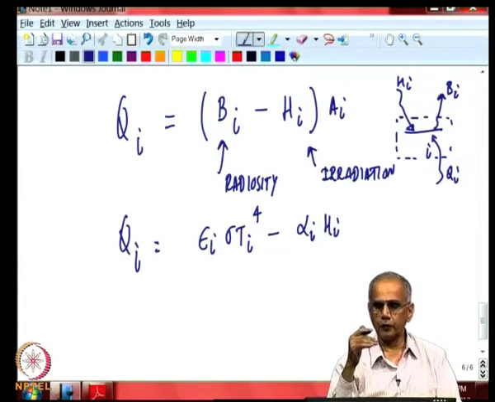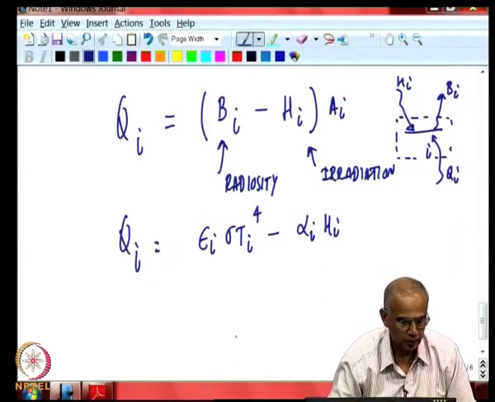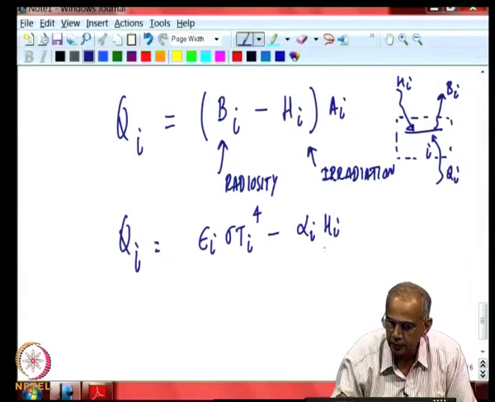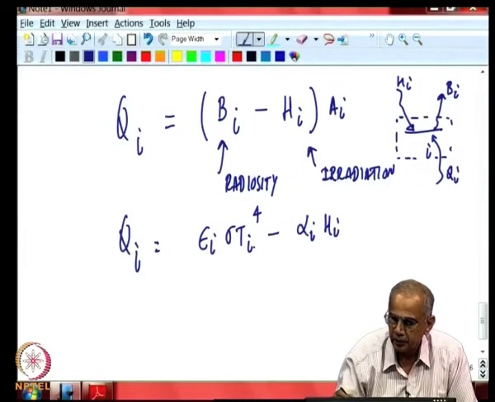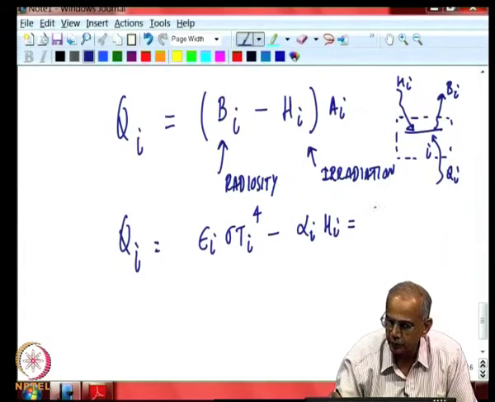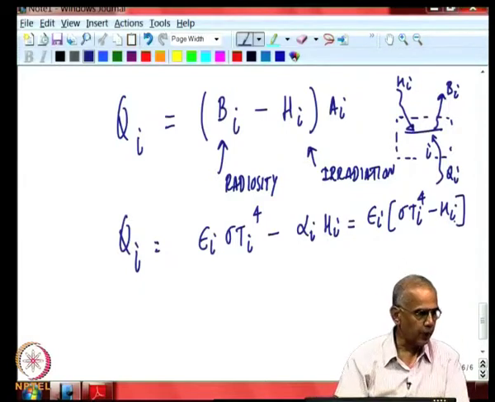On the other hand, if you look at the surface and ask how much energy is absorbed, this energy coming into the surface, absorbed is alpha I times Hi, so that much is absorbed, and this is energy emitted. Using Kirchhoff's law, you can write this also in terms of epsilon I, and that is also an equivalent statement of the same expression.